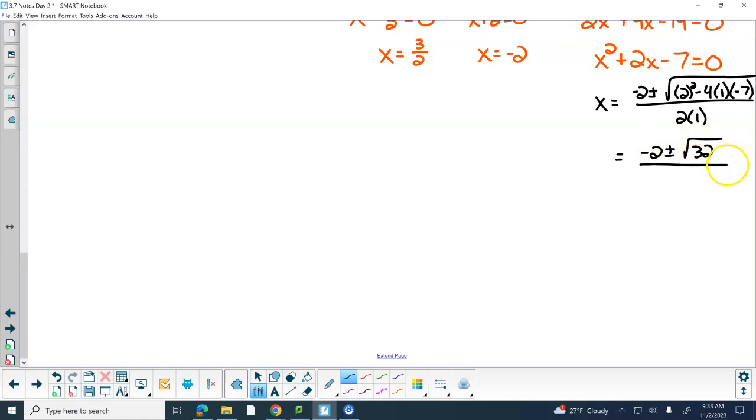Can the square root of 32 be simplified? 16 and 2, right? Here, I'll do it over here. So that's 4 square roots of 2.